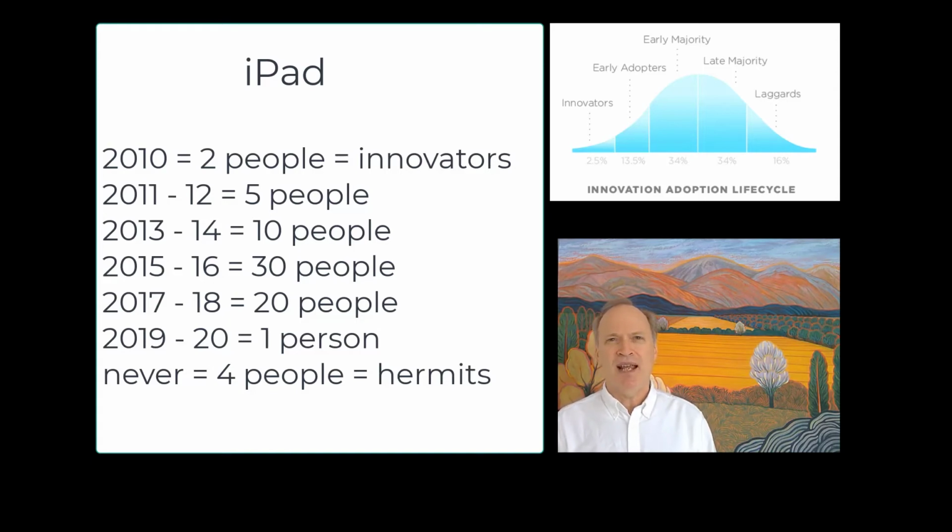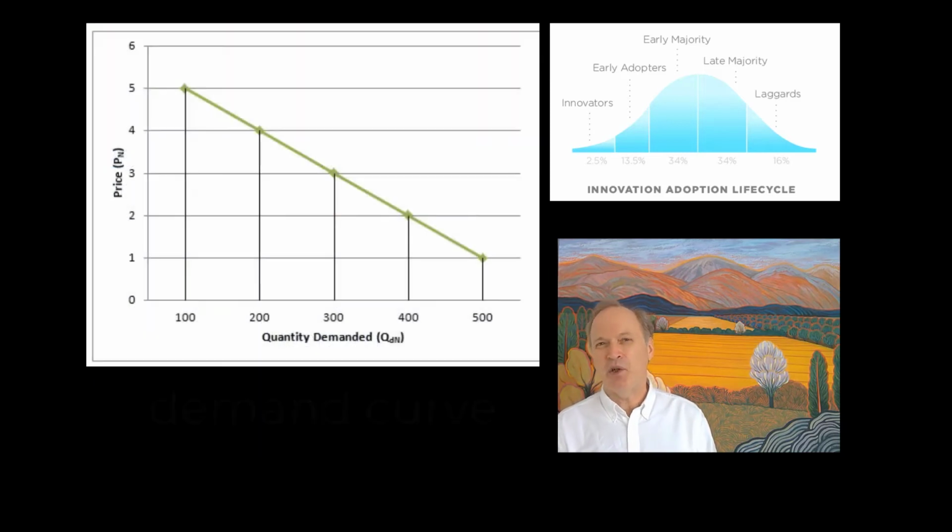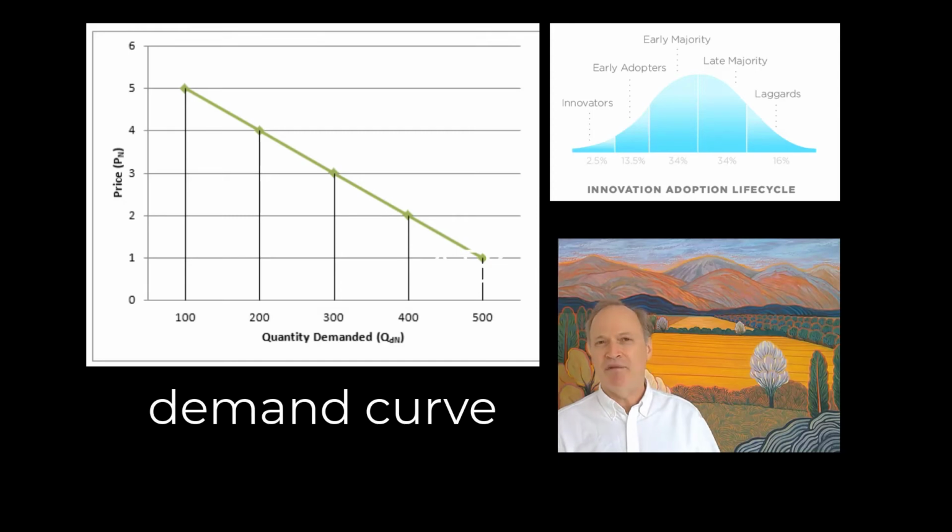Okay, now if we look at this from an economics point of view, that's basically the equivalent of a demand curve. A very high price, very few people will purchase the product. At a low price, more people buy the product. Many consumer electronics products, the prices fall over time and more people will eventually adopt the product.